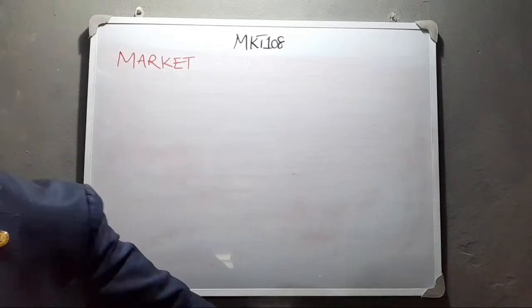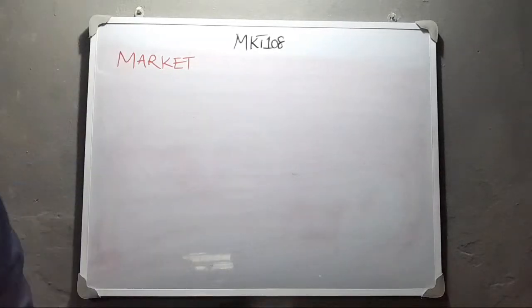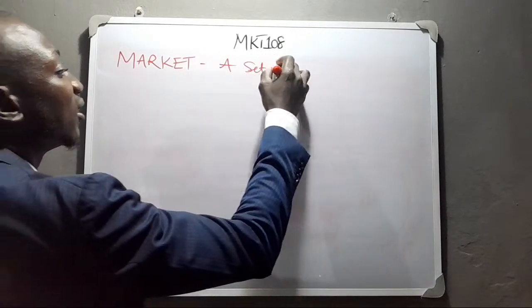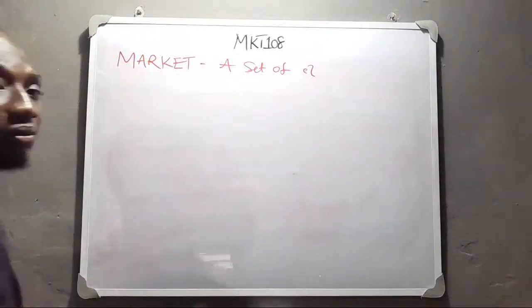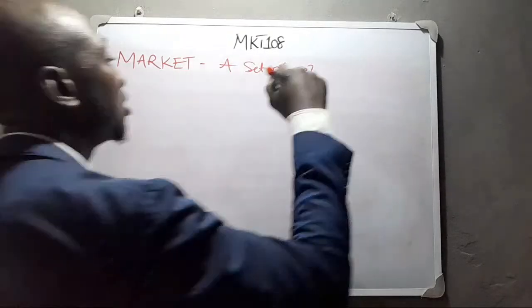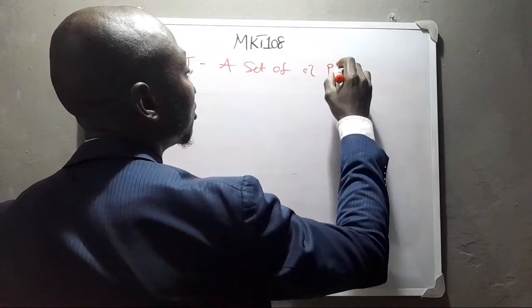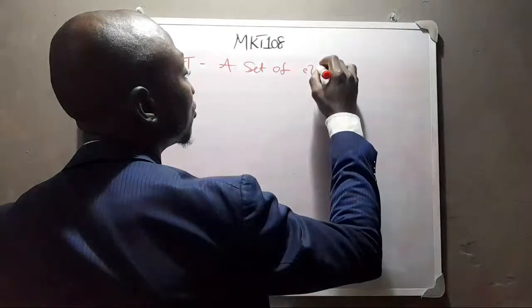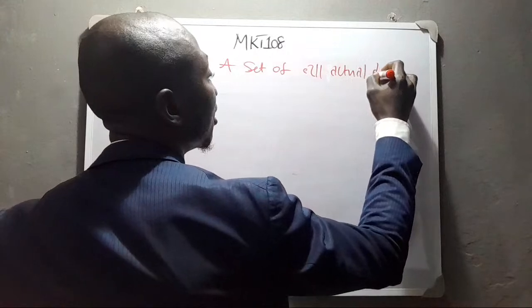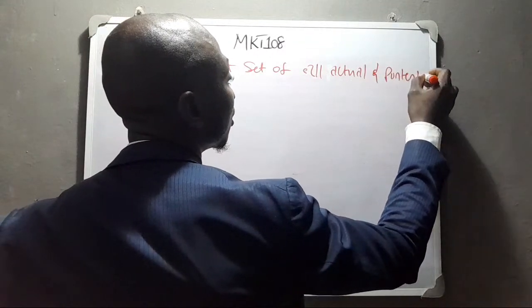Okay, now what is a market? A market is defined as a set of all actual and potential buyers of a product and services. Everybody that goes to the market and buys.